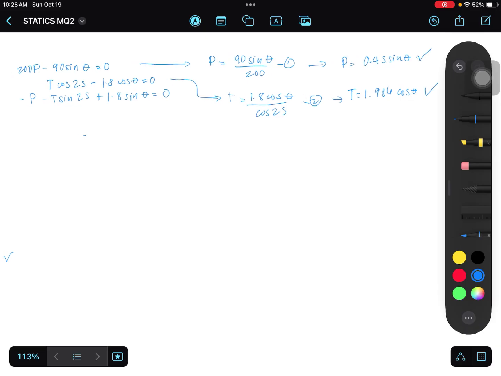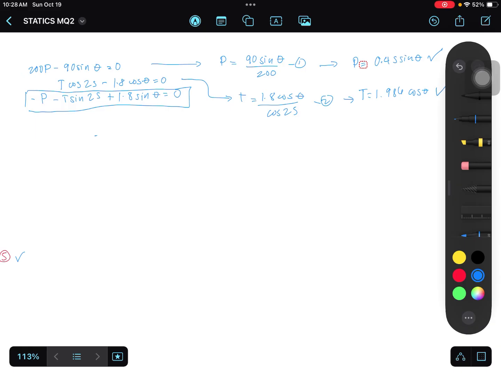Ngayon, itong dalawa, i-substitute natin kay equation 5. Okay, let's do that. So, our P is negative 0.45 sine theta minus our T, which is 1.986 cosine theta, times sine 25, plus 1.8 sine theta. So, ang ating variable is only theta. Let's further simplify. And then, gamitin natin yung solver ng calculator.